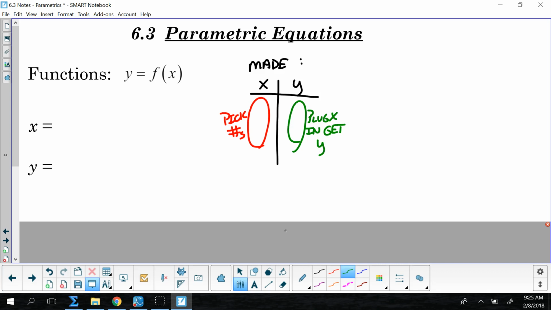So in terms of variables, our x was the independent variable, and our y was the dependent.